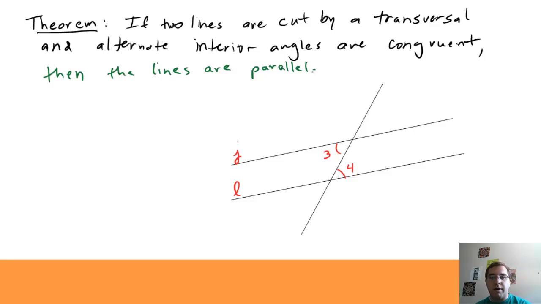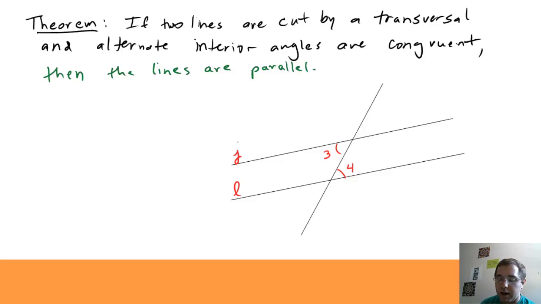So the reverse of one of our theorems from the last section. One of our theorems from the last section said if two parallel lines are cut by a transversal, then alternate interior angles are congruent. This time the theorem says if two lines, we don't know that they're parallel, are cut by a transversal and alternate interior angles are congruent, then the lines are parallel.